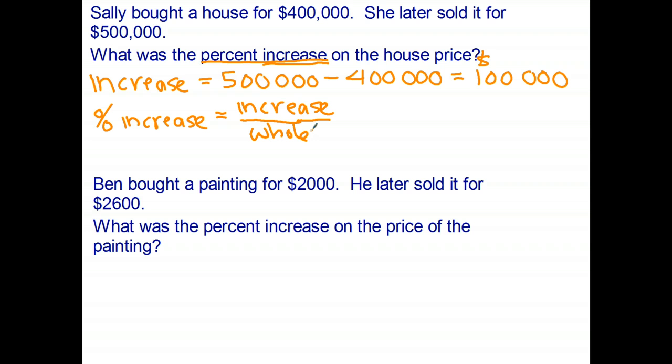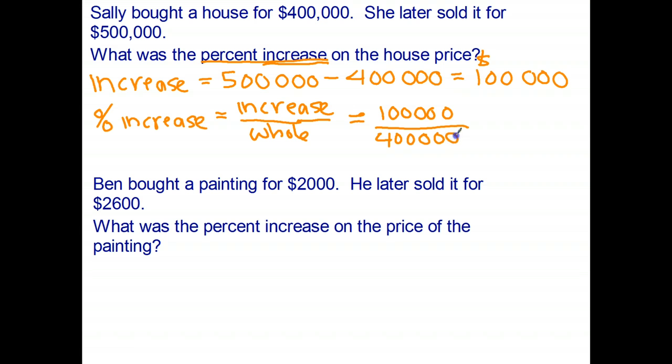And here's the important lesson from this exercise. Okay, we're looking for a percent increase. If we're looking for a percent increase, the numerator has to be the increase and not the new amount. And that equals $100,000 over $400,000.